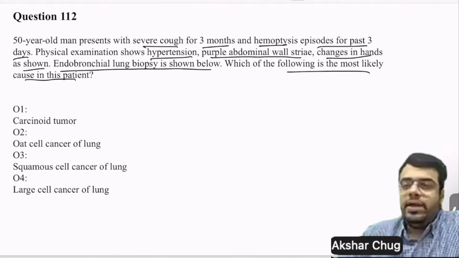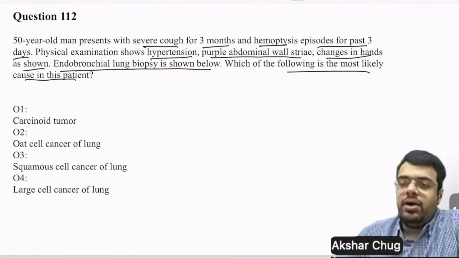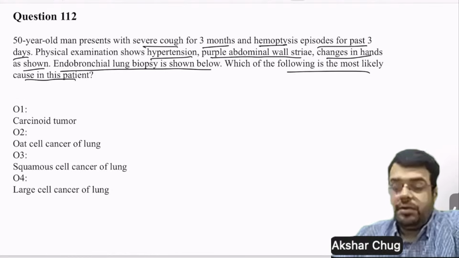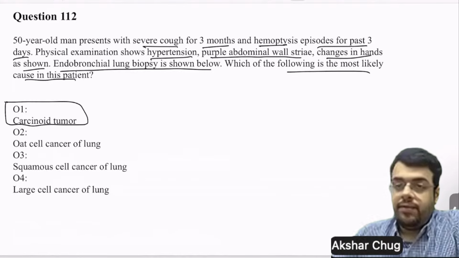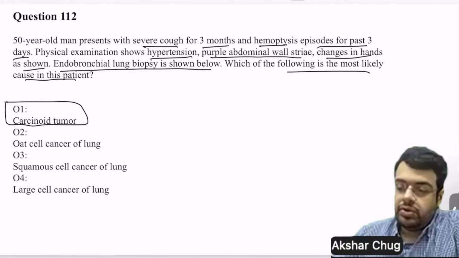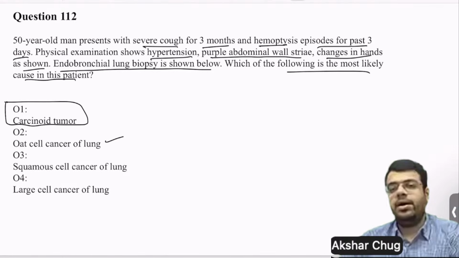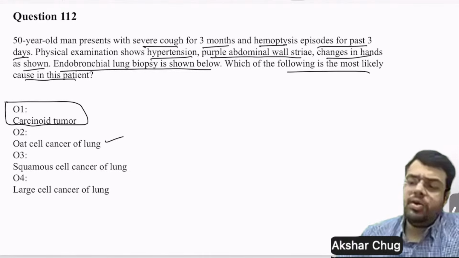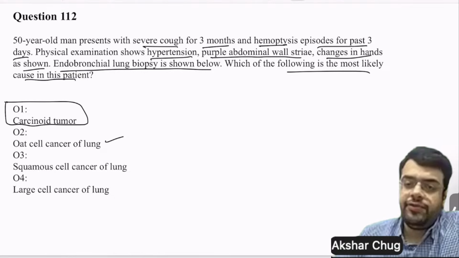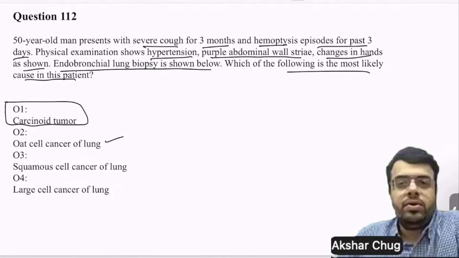Here the biopsy showed salt and pepper chromatin, which is suggestive of carcinoid. One close differential could be oat cell or small cell lung cancer, as it can also show cushingoid features. But from the biopsy, it was evident that it is a carcinoid and not an oat cell cancer.